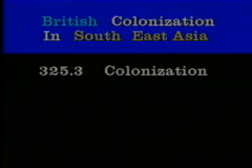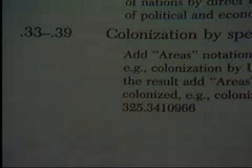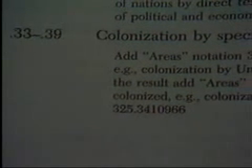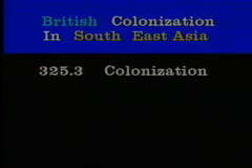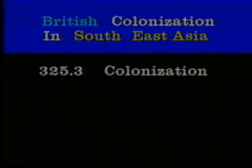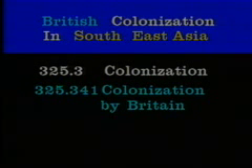Under 325.3, the instructions are given: 33-39 colonization by specific countries. Add area notation 3-9 from Table 2 to the base number 325.3. For colonization by Britain, the number is 325.341. 41 is taken from the area notation for Britain.